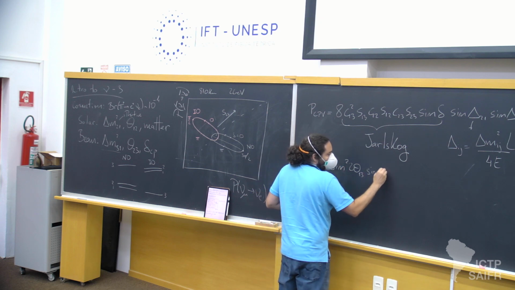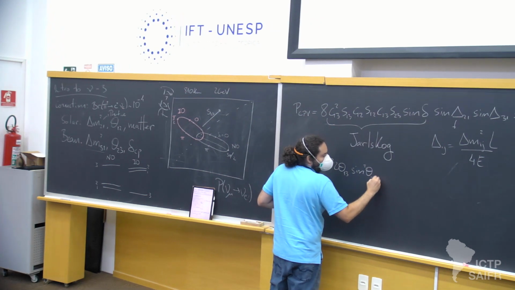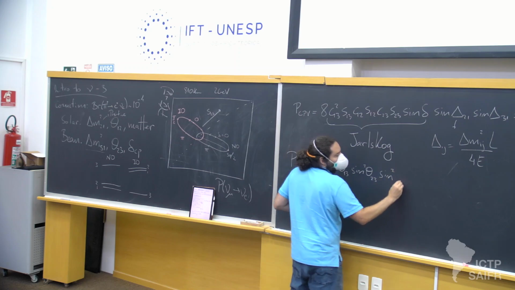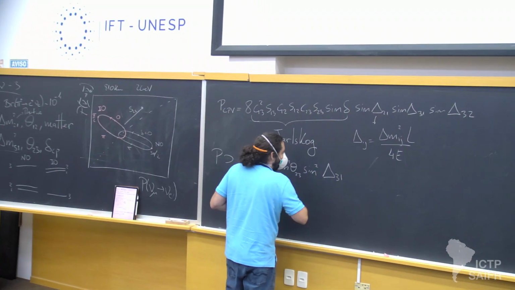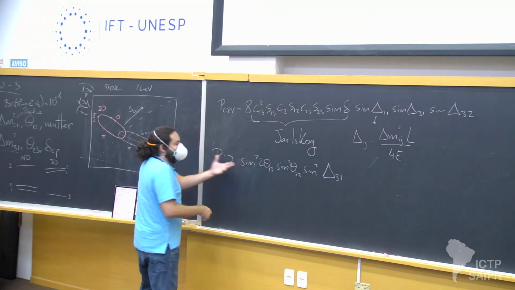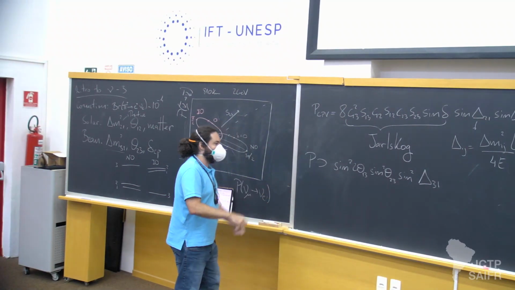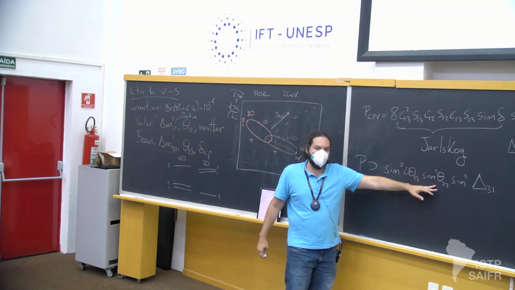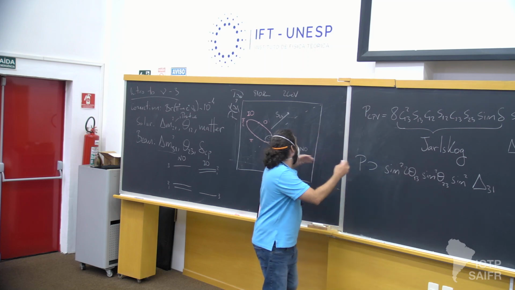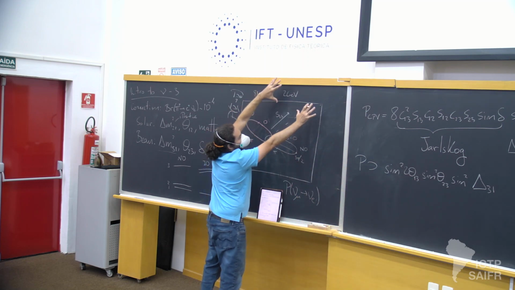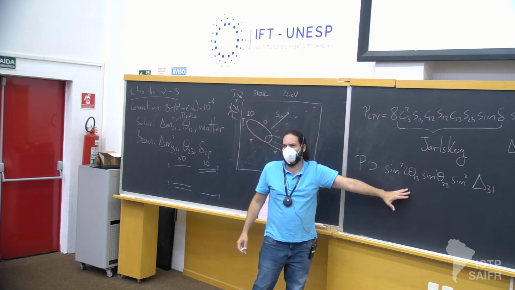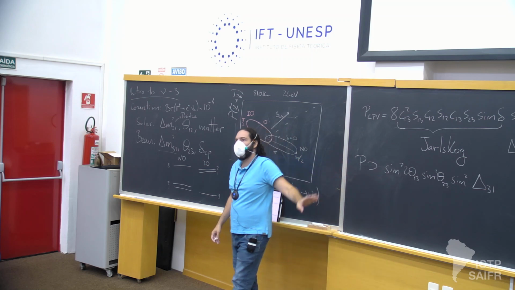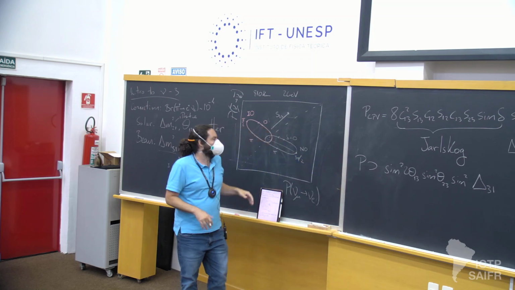It goes like this, and then sine square of delta 3-1. This is the leading order term in the nu-mu to nu-e oscillation formula. And as you see, if I increase sine squared θ23, overall, these probabilities grow. The same happens for θ13, but θ13 is actually super well known, so you can't vary that so much.